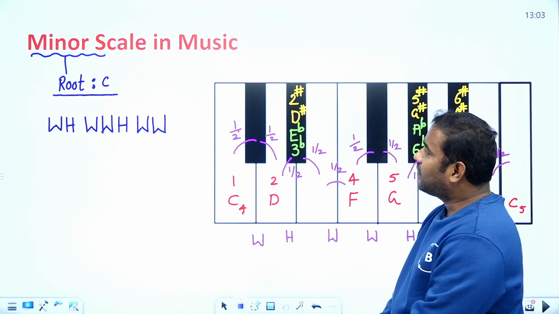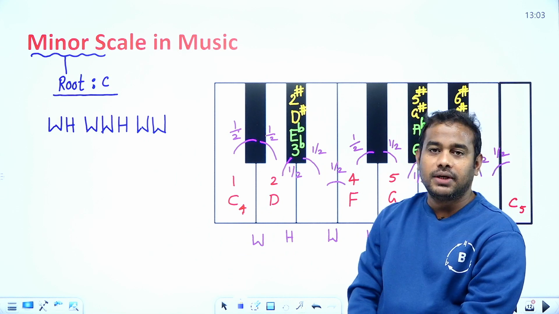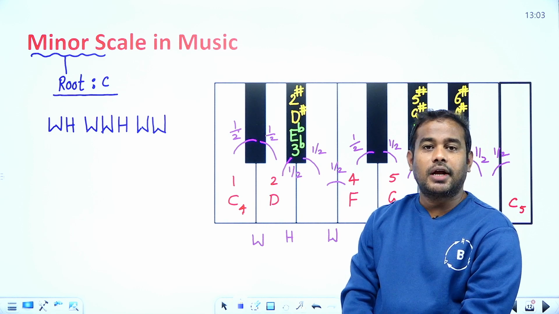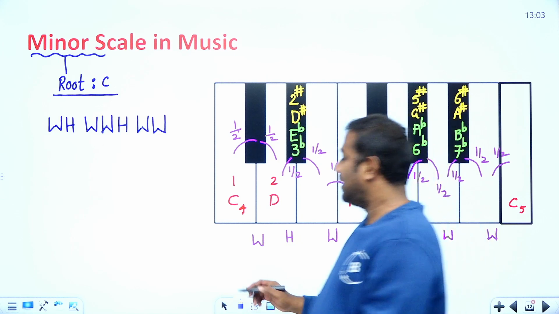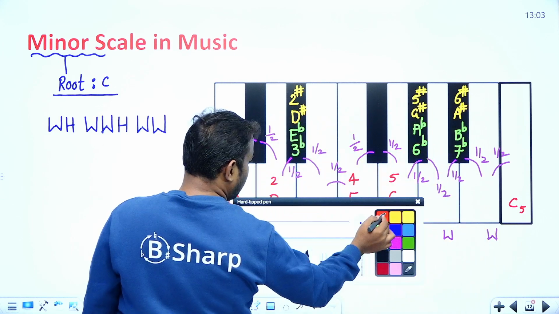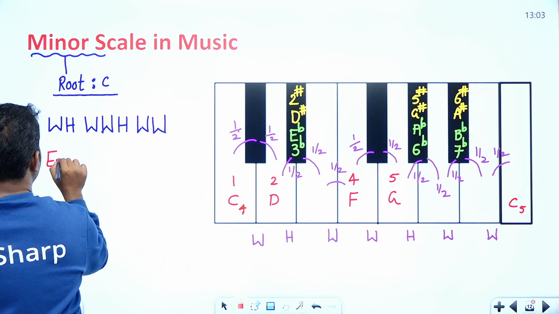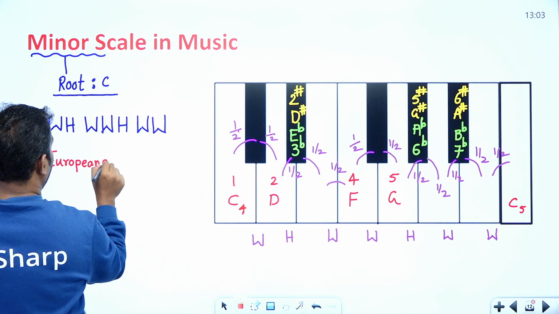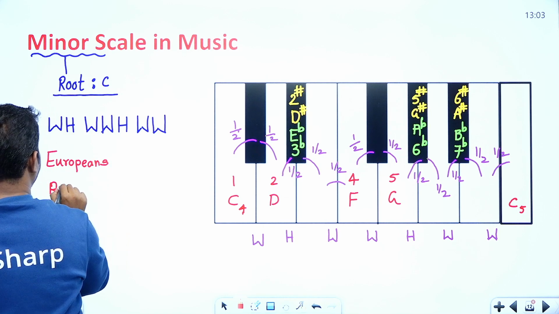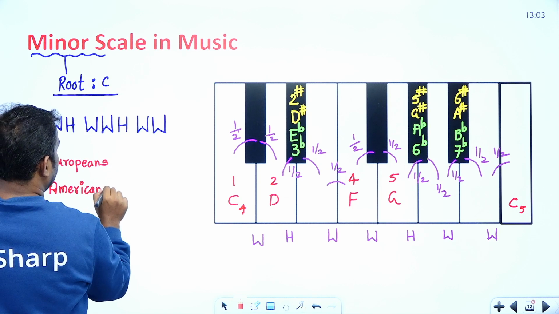So you might be wondering why you are getting a sharp or why you are getting a flat, and why this musical system cannot be a unique system all the time. So it's nothing like that. Generally what happens is that Europeans and Americans differ.